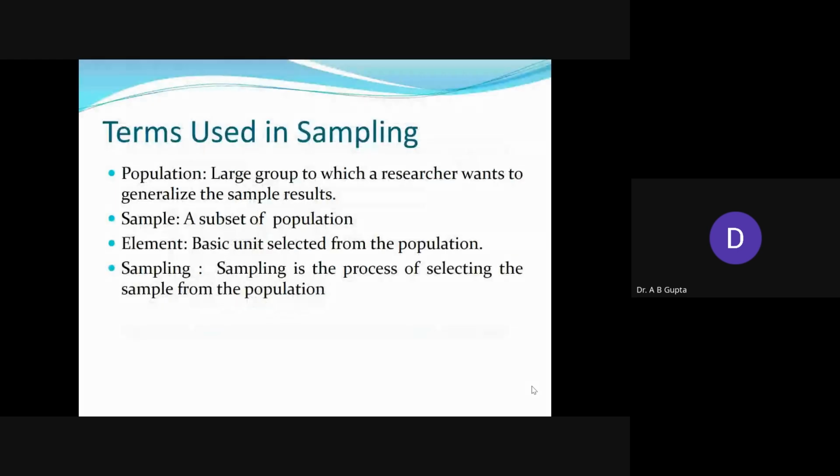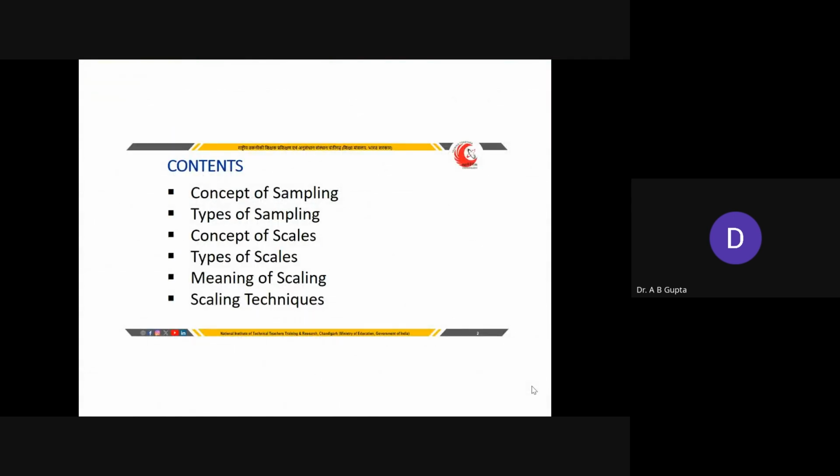Okay, so coming to sampling. Sampling, my friends, as I told you yesterday also, we had discussion that during research, especially during experimental research, we can manipulate one variable that is independent variable, and then we can see the effect on the dependent variable.